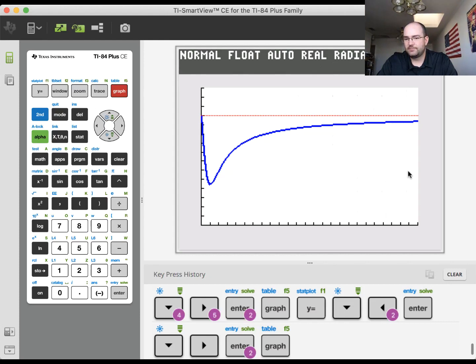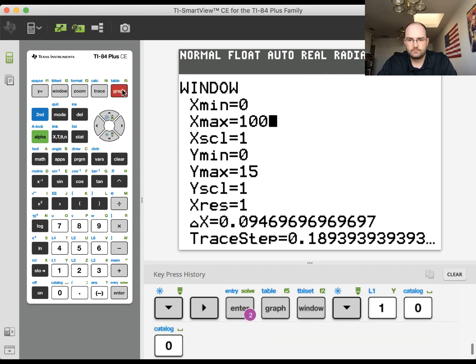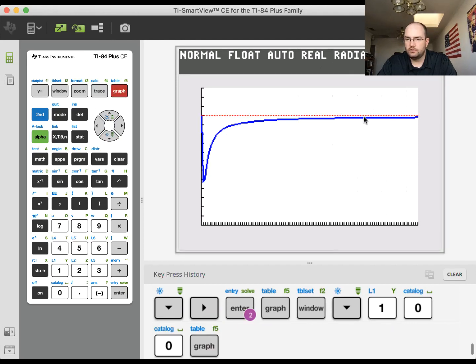Now, t is the number of weeks, and we've only gone to 25 weeks here. After 1 week, it really shot down, and it goes back up, and it's taking 25 weeks to just get back to around 11. So if we extend our window here, instead of 25, let's make it 100. Notice that we're getting a lot closer to the original value there.